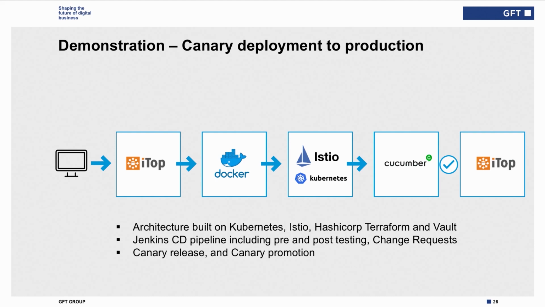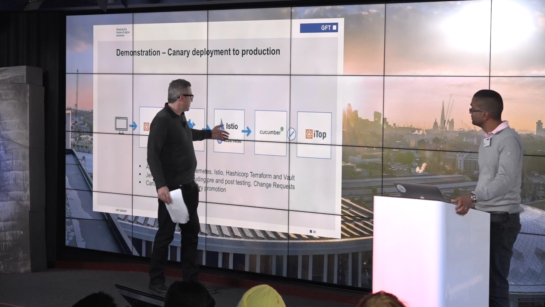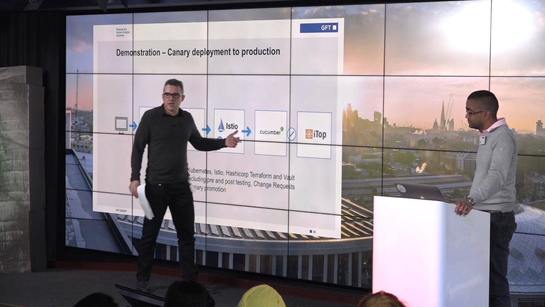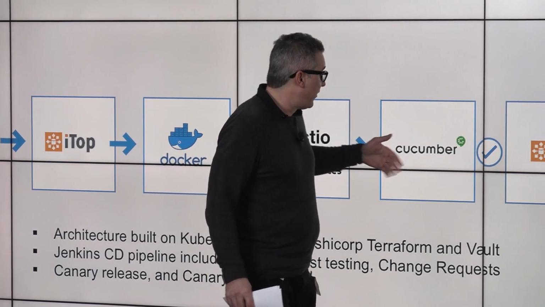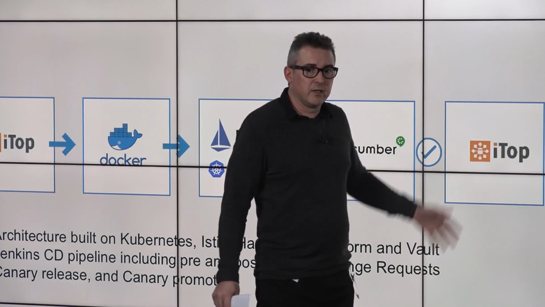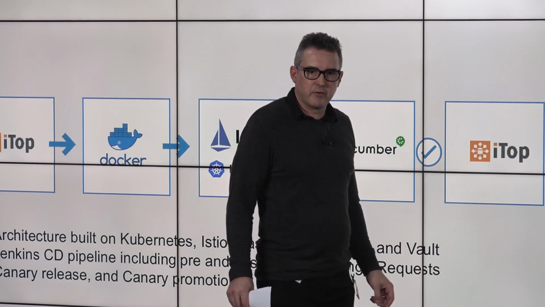We can then check out, build, test, package as a Dockerized image our code for the microservices, alongside the Istio rules that we then publish onto our environment. So Istio takes on the routing rules and Kubernetes takes on the microservices and Dockerized images. We can then run post verification tests in production against that deployment. And then if everything goes well, we can sign off the change request ticket.